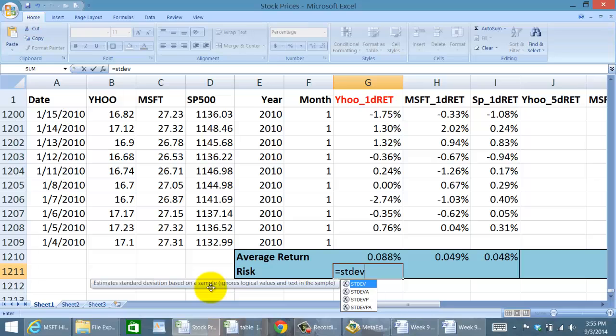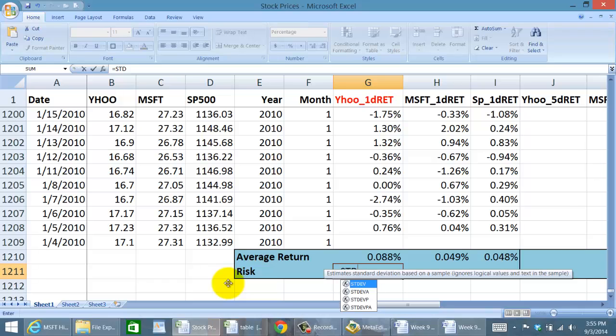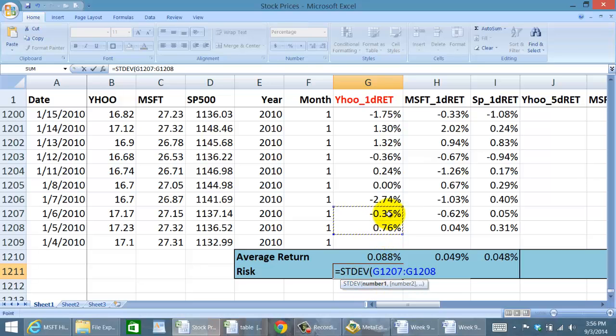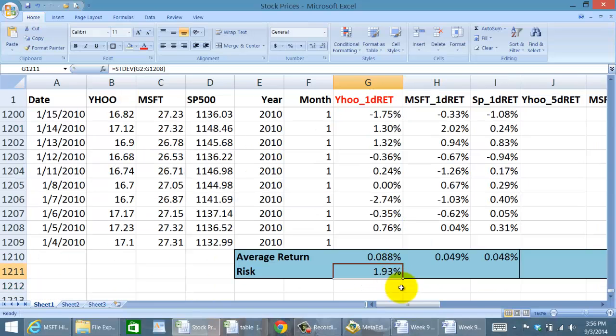In some other versions of Excel, it is STDEV.S, S stands for sample. Let me zoom it up. STDEV, here is the sample. So we select the whole series and drag it all the way up. Close the parentheses, hit enter. Here we go. That's it.